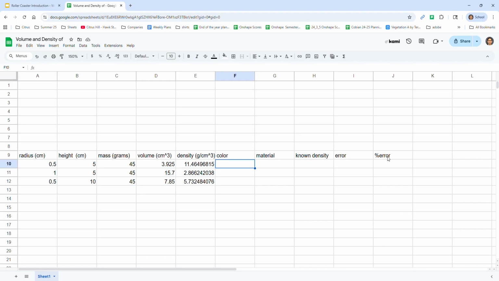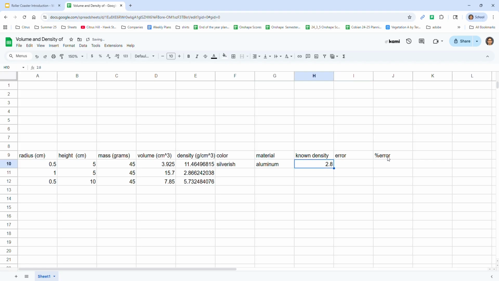And now for error, right here you can type out the colors that we see. So let's say we're working with the silverish looking type of device, and we find out that the known density is around 3 or 2.8, and that material is not going to be aluminum.